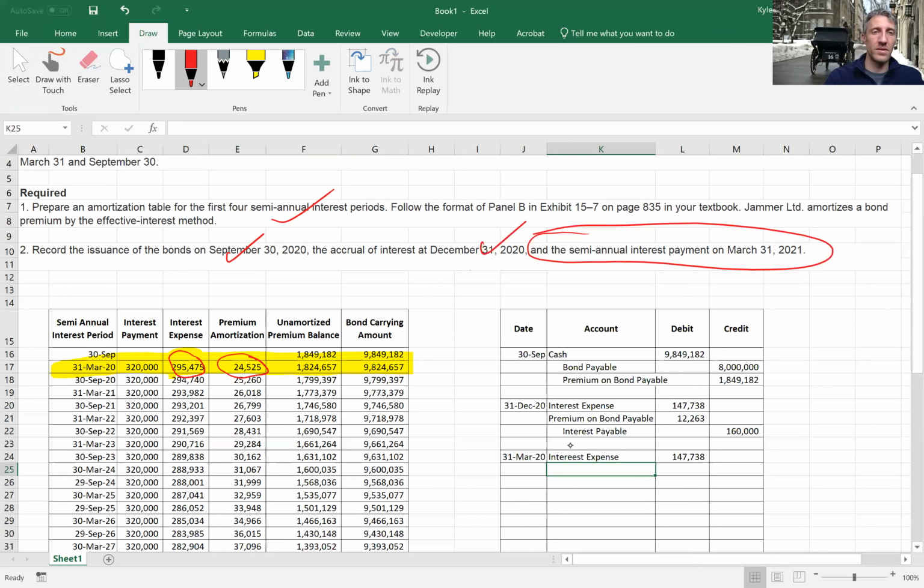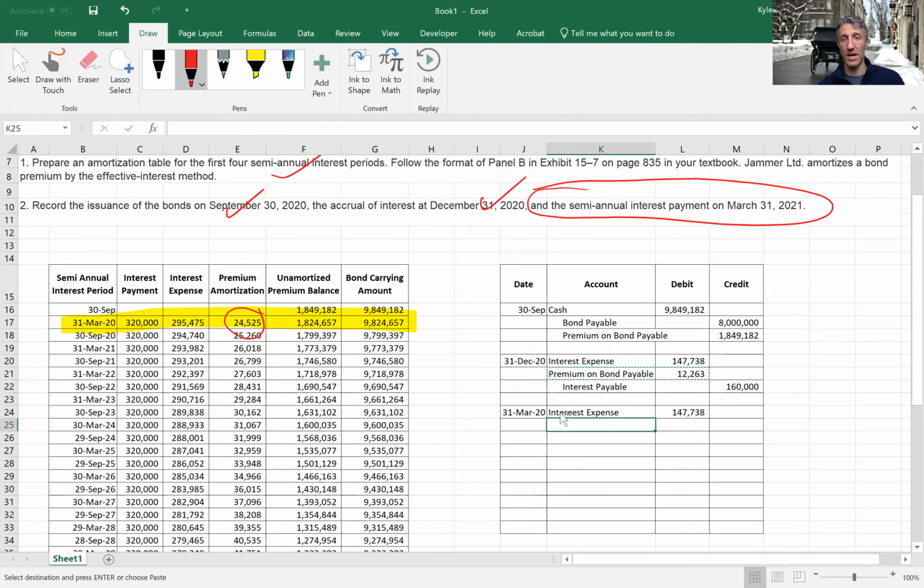Additionally, this organization also has already recognized half of the premium. And they did it in December. So they need to recognize the other half, and it's going to be exactly the same amount.